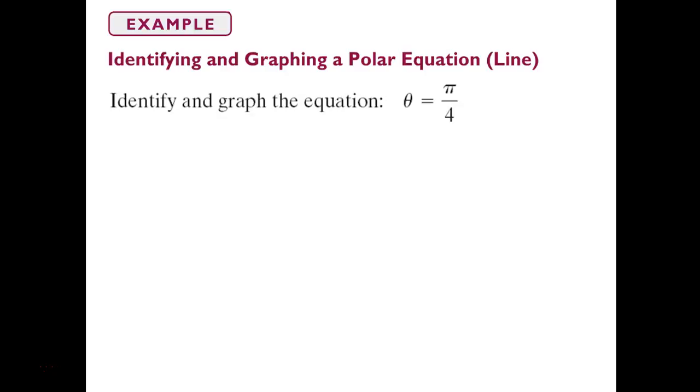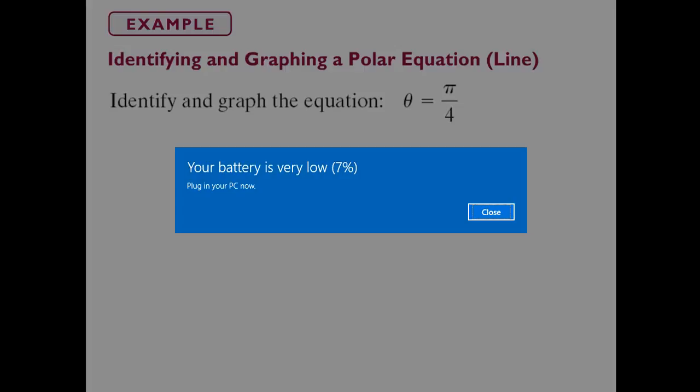A line will be just the theta. So if I have theta equaling just a number, an angle measurement, it's going to look very much like the line on the unit circle that matches that, with both levers pulled for your radius.